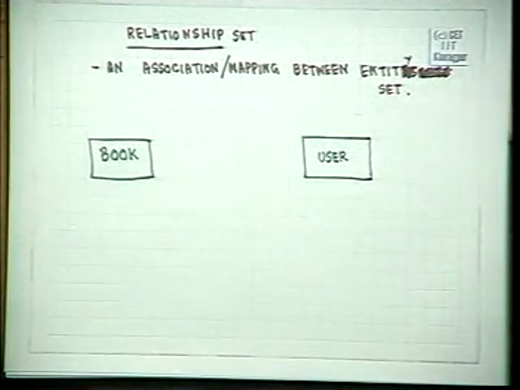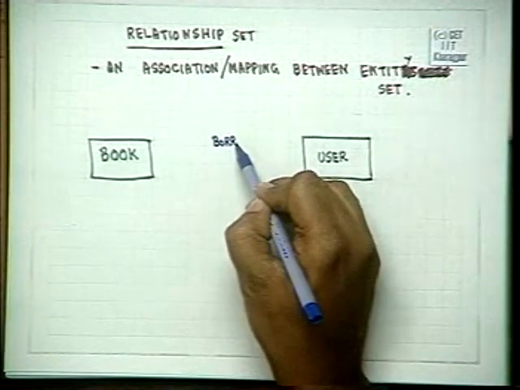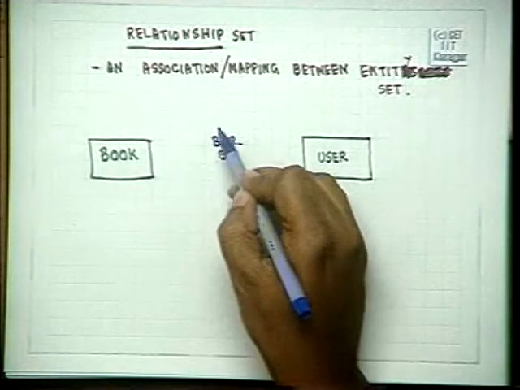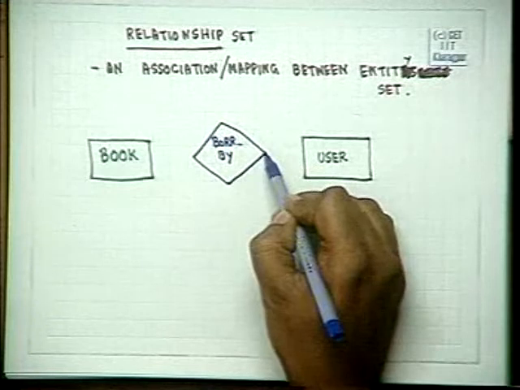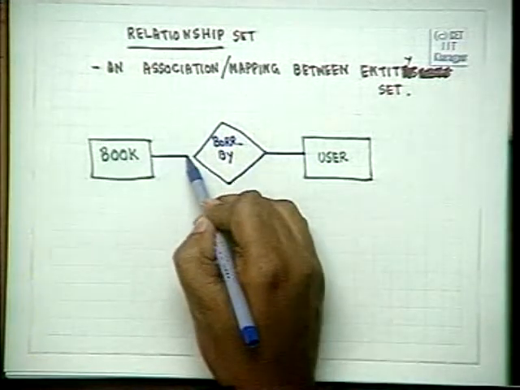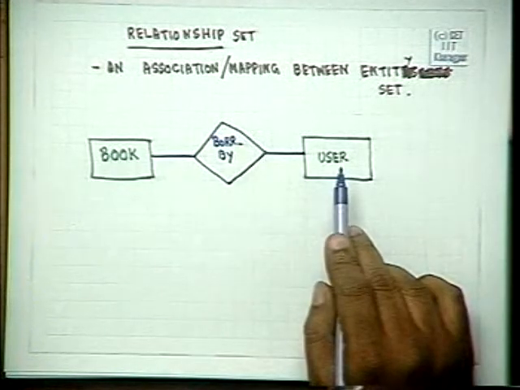And we say this is the set of relationships from book to user relating those books which have been borrowed by a particular user.